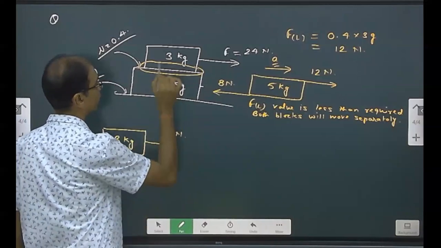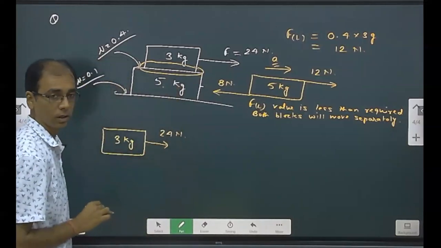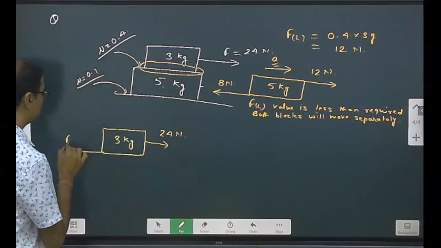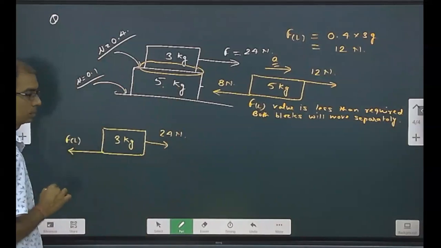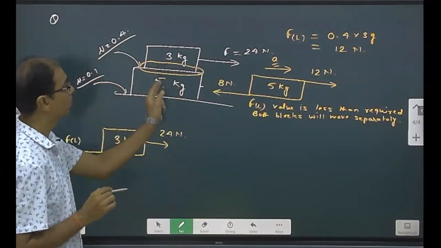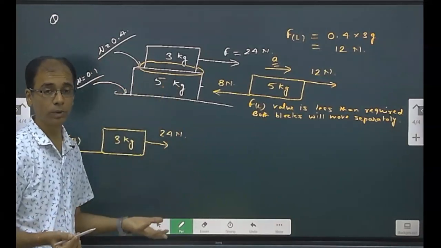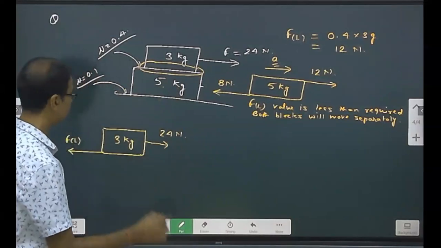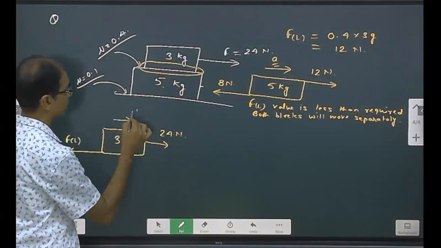And between 5 kg and 3 kg, there is friction. Which friction? Limiting, because you want to make this block move on 5 kg. Both are moving separately, which means 3 kg will move on 5 kg. What is the acceleration? That's what we are finding.